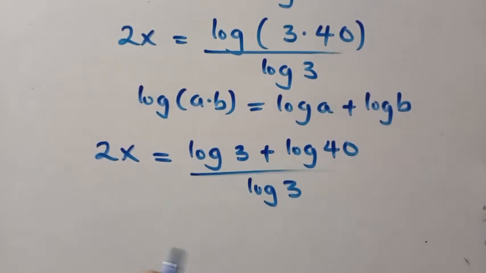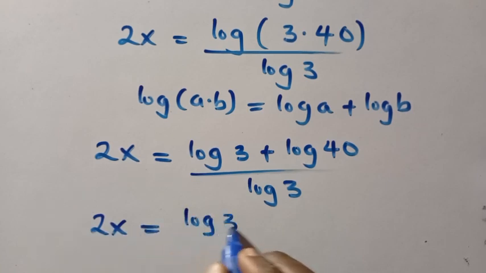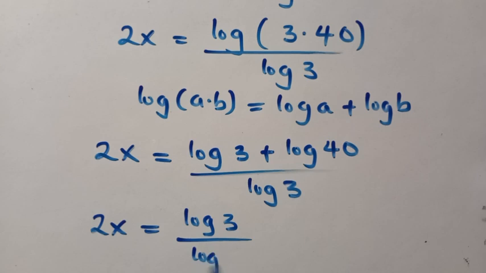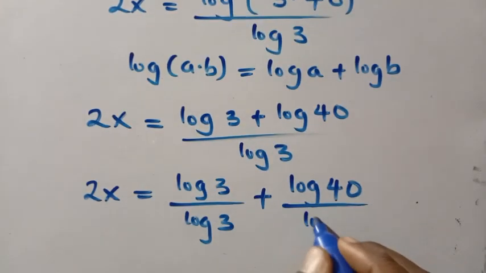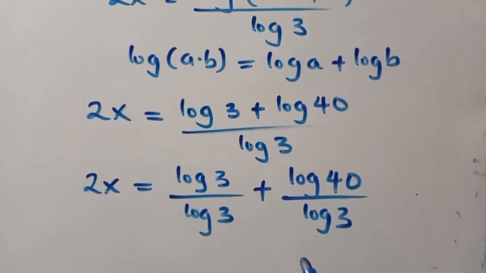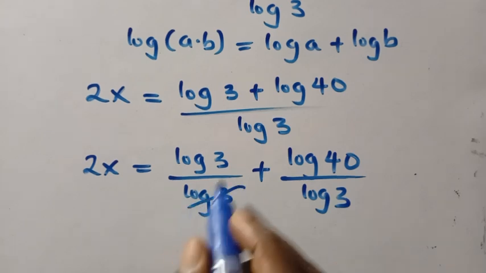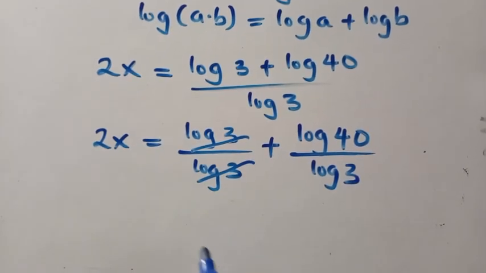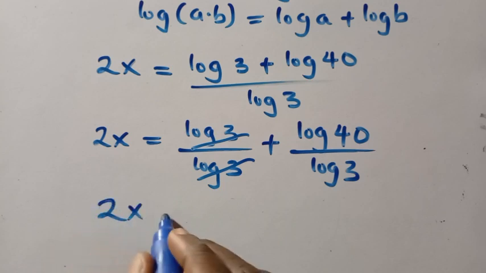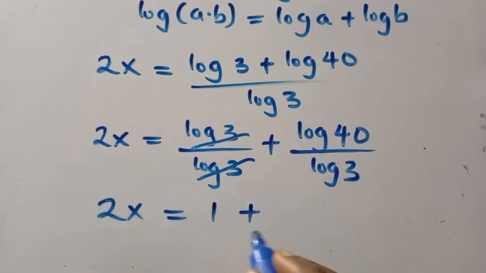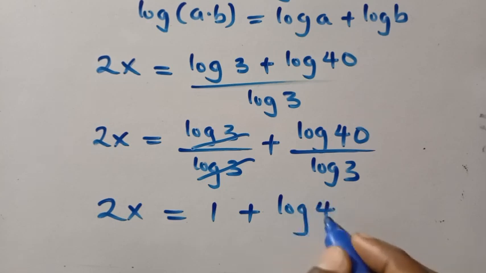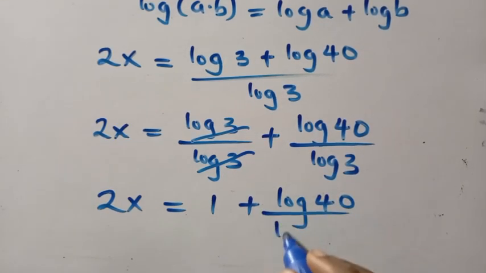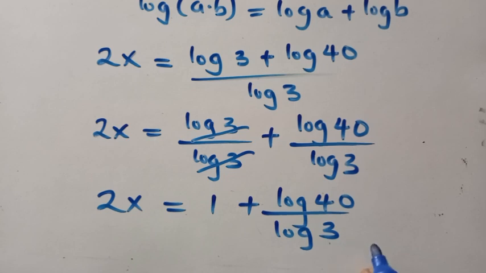By dividing this one, we have 2x equals log 3 divided by log 3 plus log 40 divided by log 3. And by this one, log 3 cancelled log 3. Then we have 2x equals 1 plus log 40 divided by log 3.